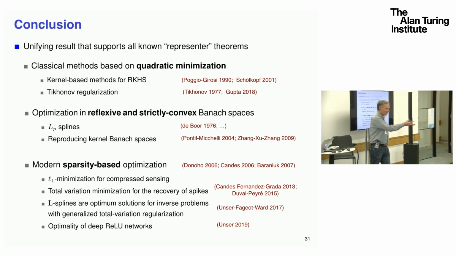I don't know if you remember that one I presented in Singapore. If you use total generalized variation as a regularization function, you find that any inverse problem is always solved by splines, but with non-uniform knots. That's a SIAM paper. And optimality of deep ReLU networks, that comes to my poster.